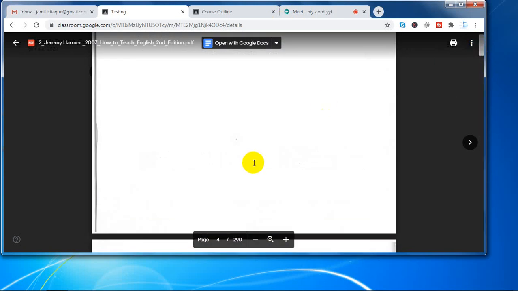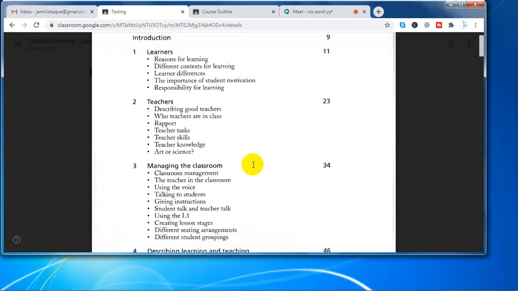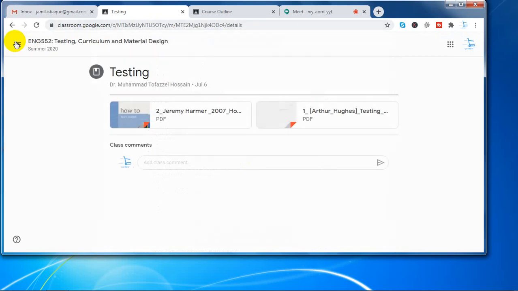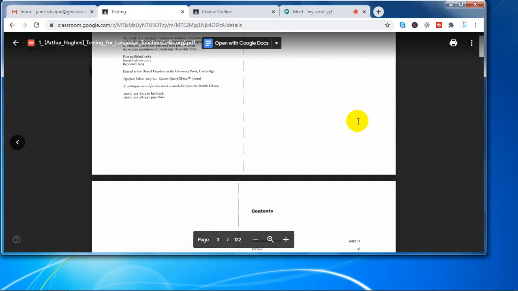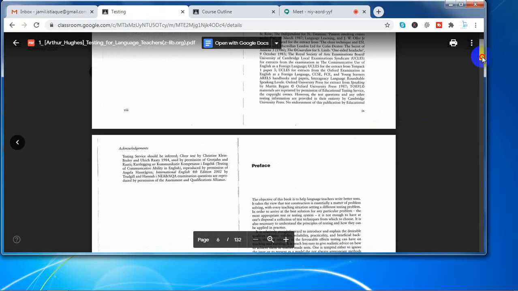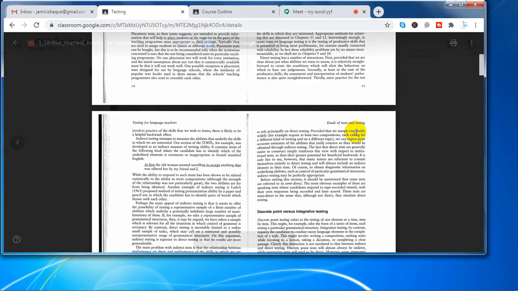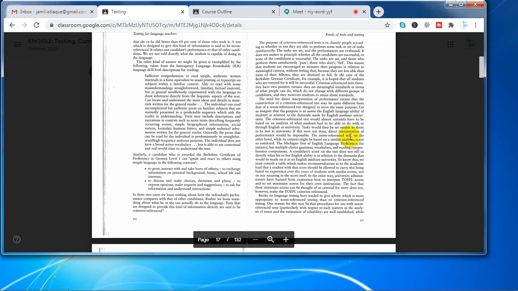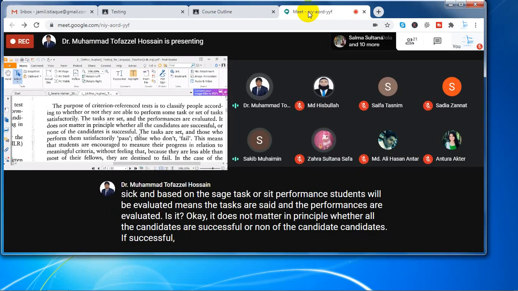The task, the ability, or the performance is already set, and based on the set task or performance, students will be evaluated. Is it okay? It does not matter in principle whether all the candidates are successful or none of the candidates is successful. সবাই ফেল করলো কি পাস করলো, this is not the issue.